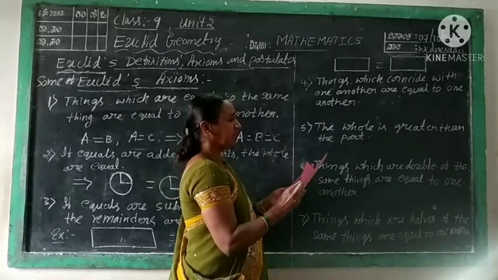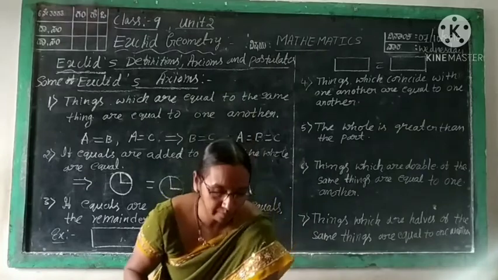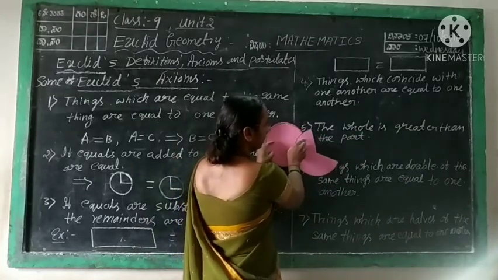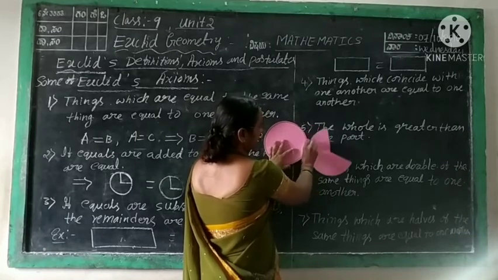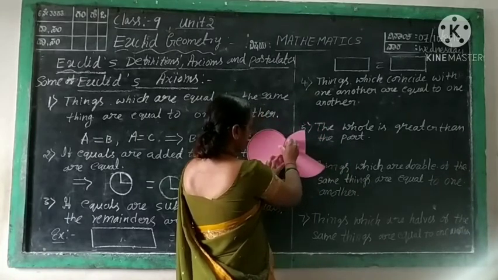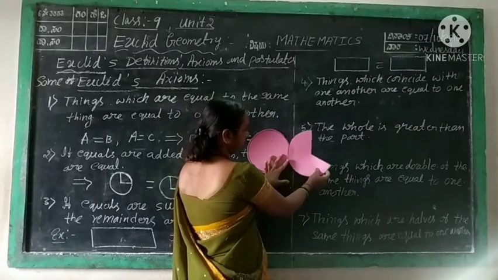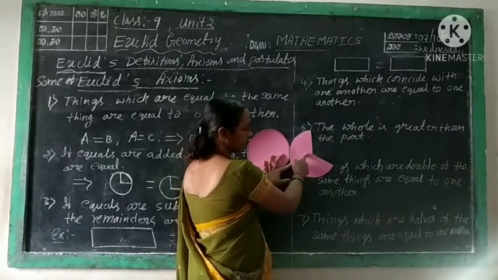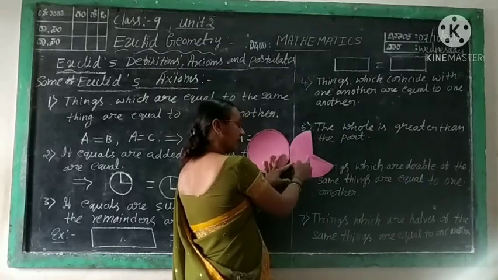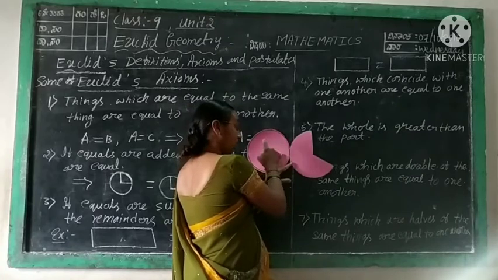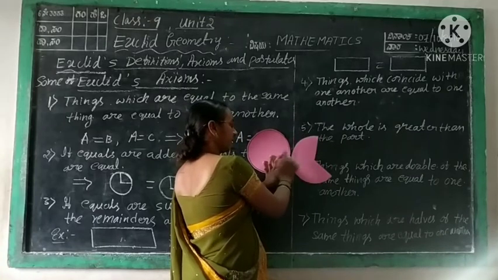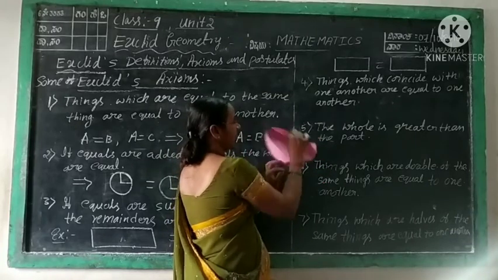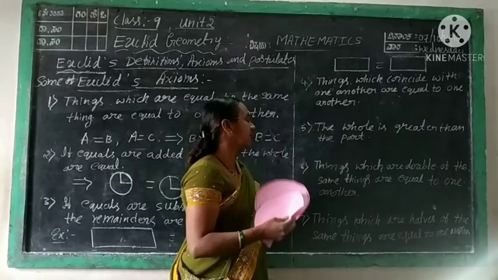Then we compare the whole circle and the cut circle. The whole circle is there, the cut part is there. Then the whole is greater than the part. This is greater, it is smaller. The meaning of the fifth one is, the whole is greater than the part.